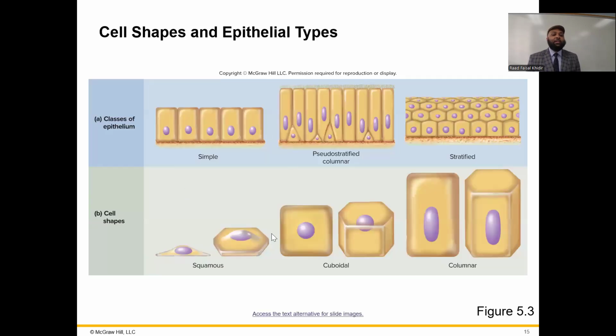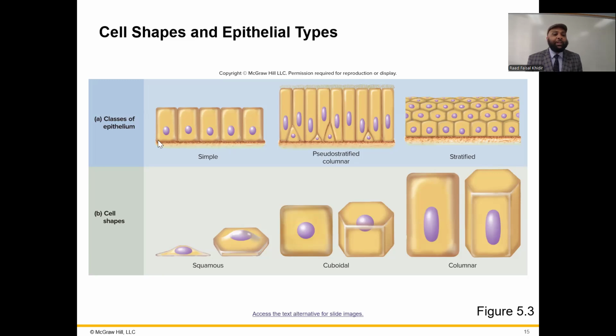This is a very important diagram that shows the differences between the types of tissues. On top you have classes of epithelium, and on the bottom cell shapes. The two main classes are simple and stratified epithelium.